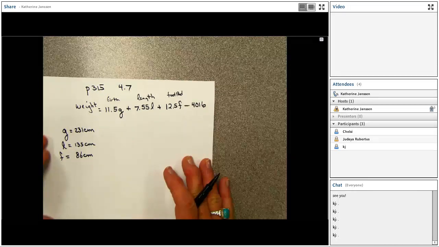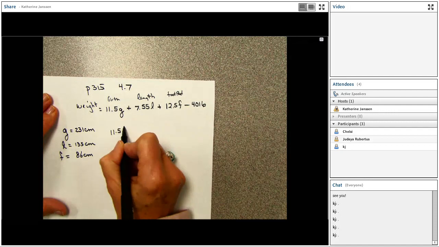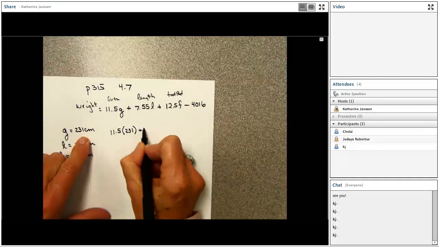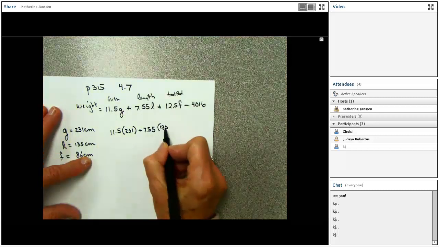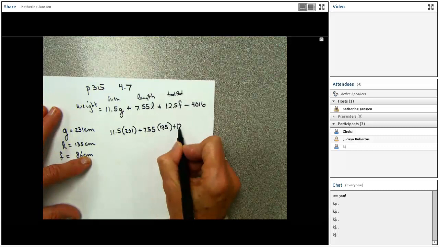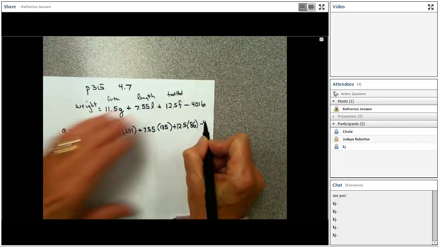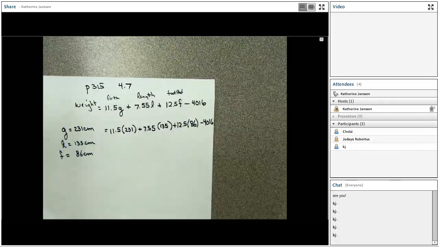So careful substitution into this polynomial. We'll be able to solve for the weight.